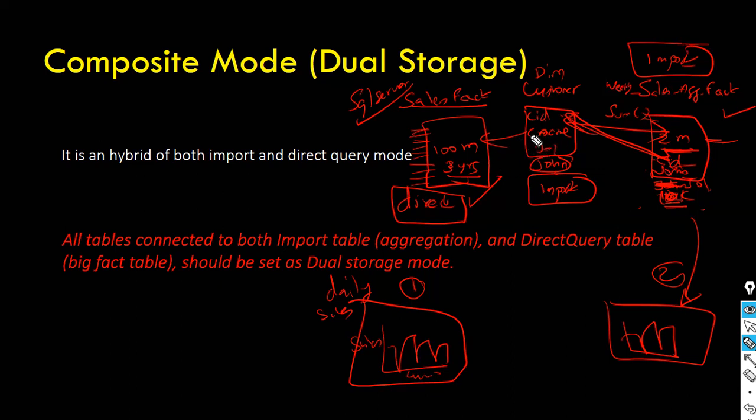But if you join these two tables, yes, this table you have imported locally, whereas this table you are querying directly in the source system. There will be some kind of out of sync thing. Because you imported the data on, let's say, May 1st, and you are on May 3rd. But in between May 1st and May 3rd, some new customers came in. In the source system SQL Server, the same customer table got loaded with a new customer.